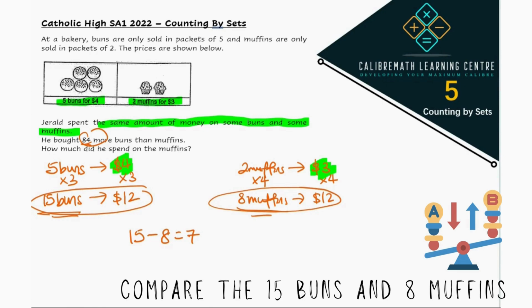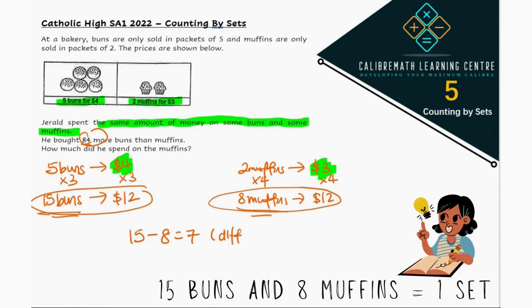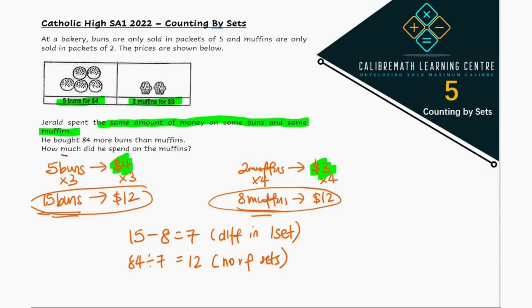So we can see the 7 here as the difference in one set. Since we need to get a total difference of 84, we can use 84 to divide by 7, and that gives us 12. And this 12 will be the number of sets. The question wants you to find how much is spent on the muffins.